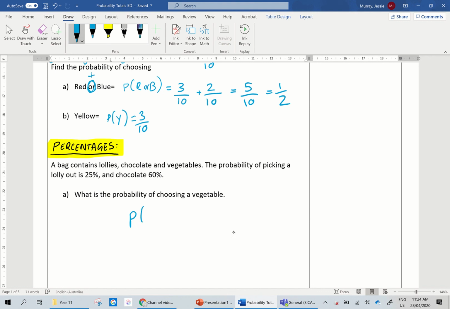Well, if I was to show my working properly, if I'm sticking with my percentages, it's 100% minus my 25% and my 60%. And that right there is going to give me 15%. And generally, if they gave you it in percentages, you should have your answer in percentages unless they've said otherwise. And there we have it.